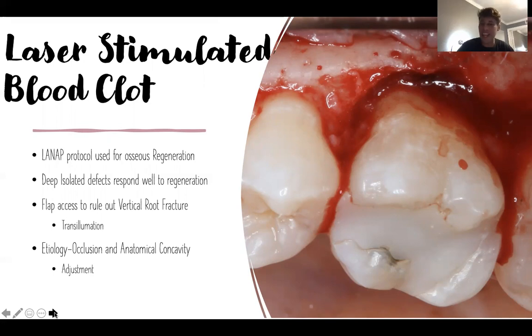Occlusion. I can't reiterate it enough. Heavy occlusal adjustment. If we don't control for the occlusion, this blood clot, which we want to be stable during the healing phase, can have micro movements. The blood clot will break down. When the blood clot breaks down, we lose regenerative potential.